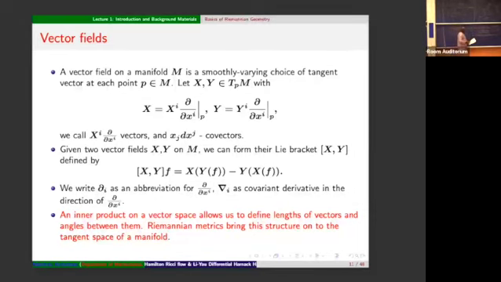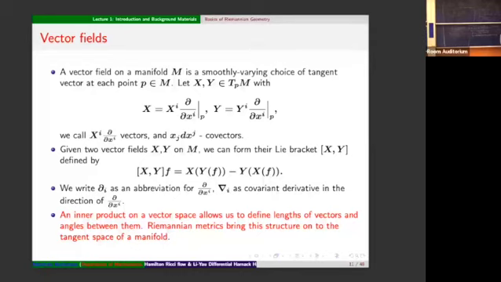I just mentioned that you have the vector written like this and the coefficient like this. Then you have Lie brackets written in this form. X is expressed this way, so you have this linear form.